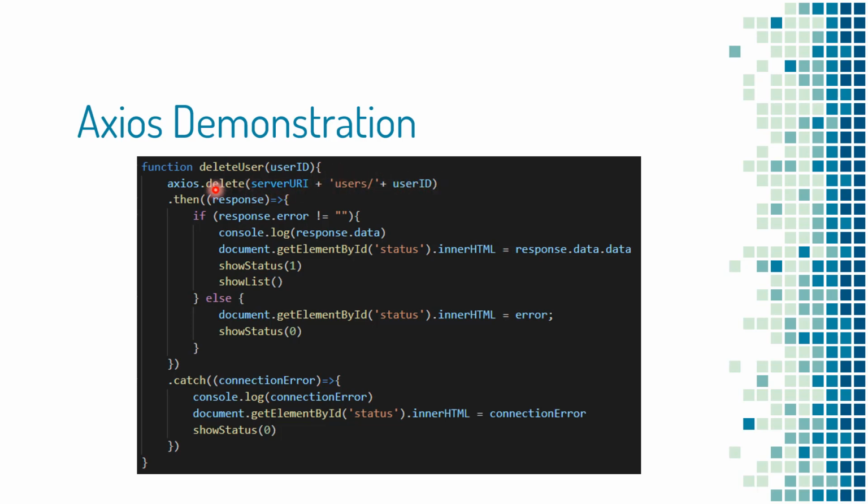Most of the time, you will use promises here. That means your engine is going to interpret this line and move on, because Axios promised the engine that it will perform this action, and it will perform then and catch in case the response comes from the server.